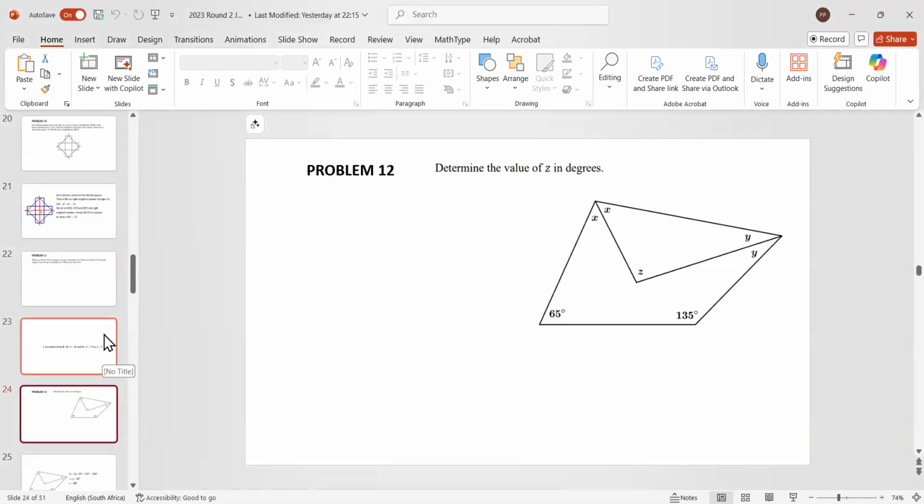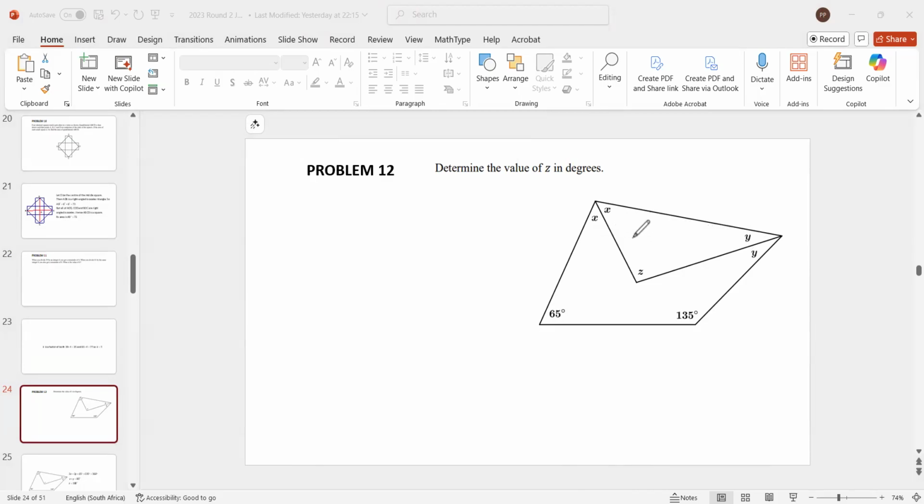Problem 12. Determine the value of z in degrees. Here you have a picture of a quadrilateral that looks like an envelope, and there's a triangle inside it, with three symbols, x, y, and z. Two of the angles are given, and the other two are 2x and 2y.